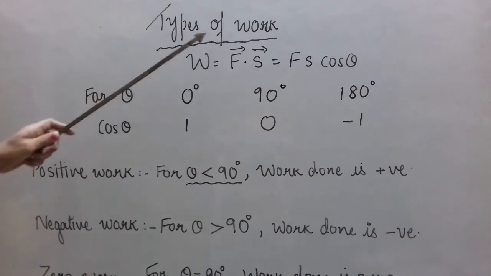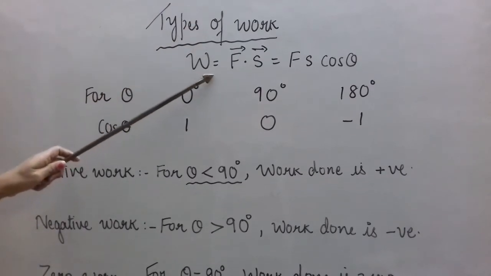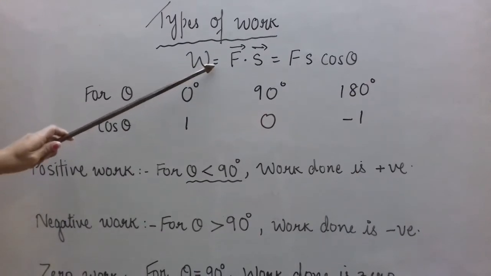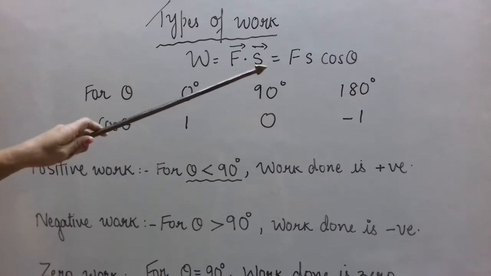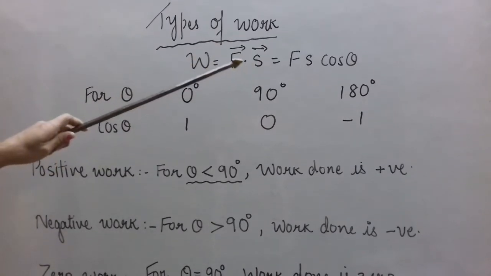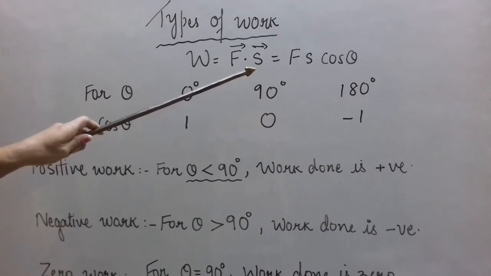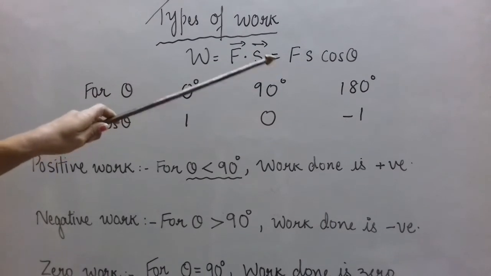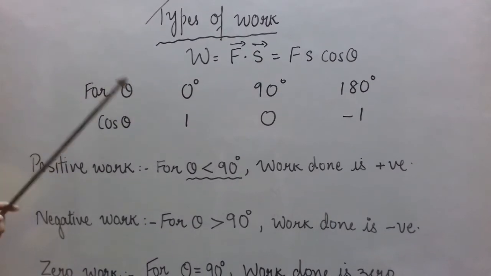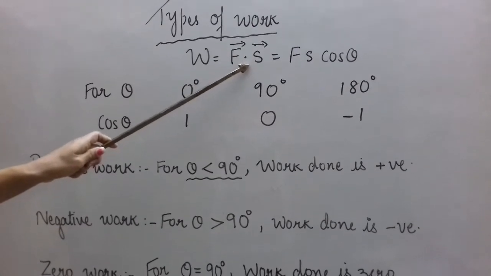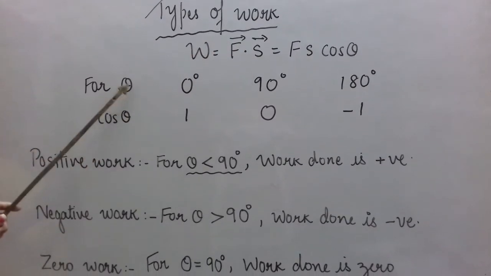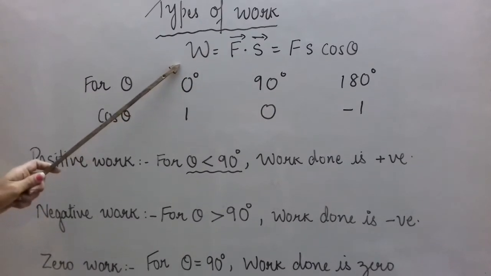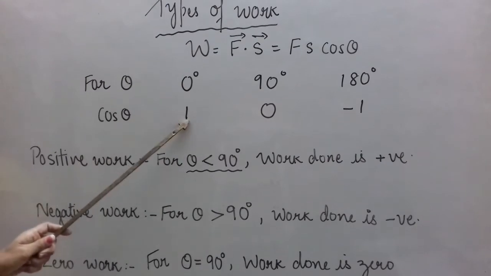Now let us see types of work. So first we'll consider the basic equation, the real definition and formula for work done, which is W is F bar dot S bar is Fs cos theta. We know that F is positive because it is a magnitude of force, S is positive. So let us just concentrate on the cos theta. Now, when two vectors, force and displacement, are in the same direction, theta, which is a smaller angle between force and displacement, is 0 degree, and I think you know the value of cos 0 is 1.